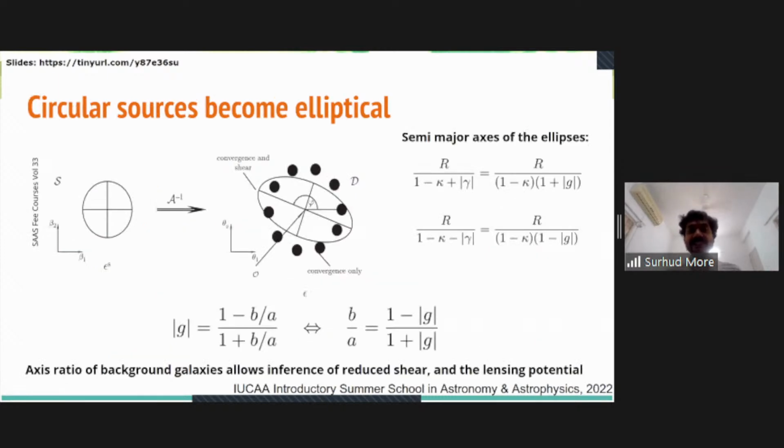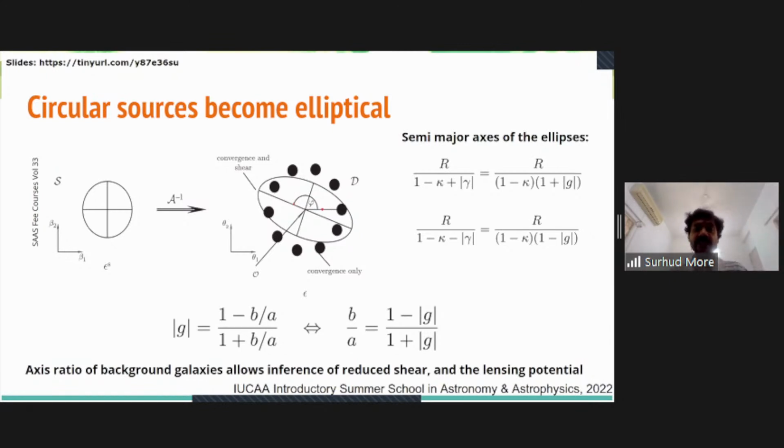So this defines exactly what distortion gets imprinted on a source which is circular. It becomes an ellipse. If you know gamma 1 and gamma 2, then you can figure out tan 2 phi, and then figure out the angle at which you will get the major axis.